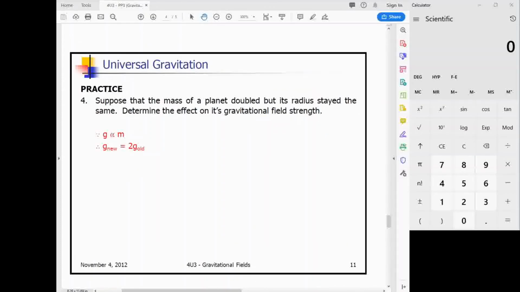And the next question, question 4, says suppose the mass of a planet doubled, but its radius stayed the same. Determine the effect on its gravitational field strength. Same thing here, I'd like you to try this out in the lecture or in your homework, in addition to the other problems that are listed. If you have any trouble, again, you can mention on the discussion board that you need help, or you can send me an email if you want to remain anonymous.